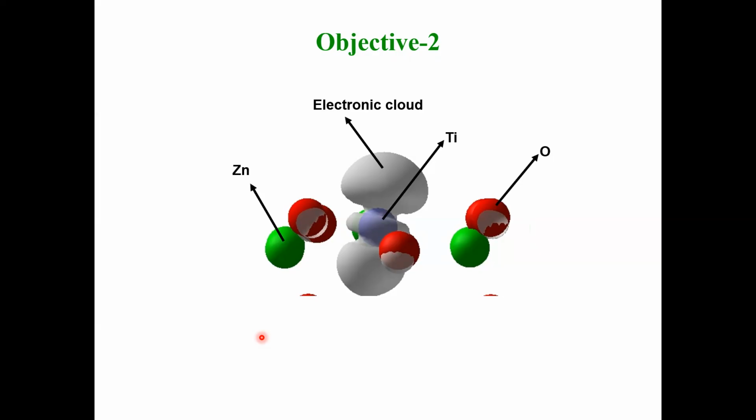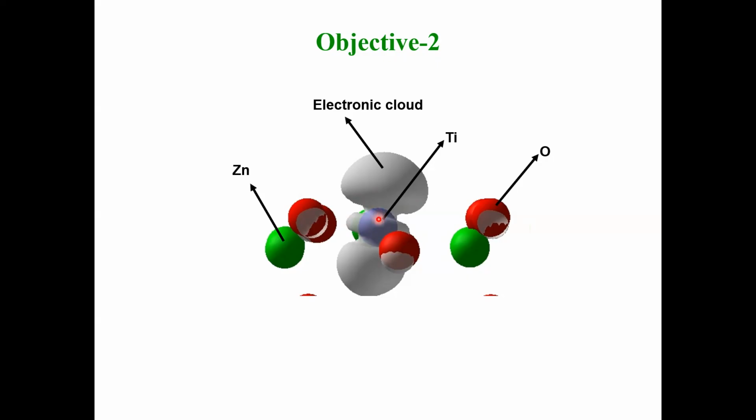So what are we seeing here? I'm plotting the electron density, an important output from a density functional theory simulation, for a titanium doped zinc oxide system.